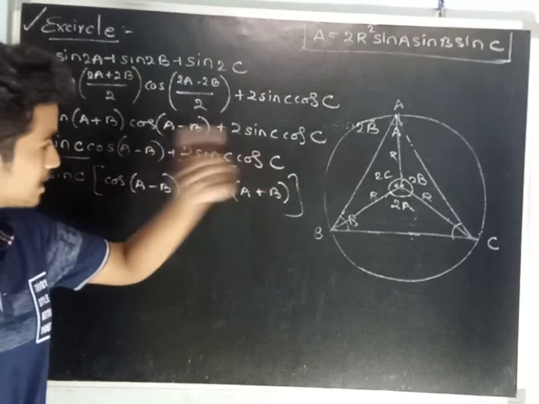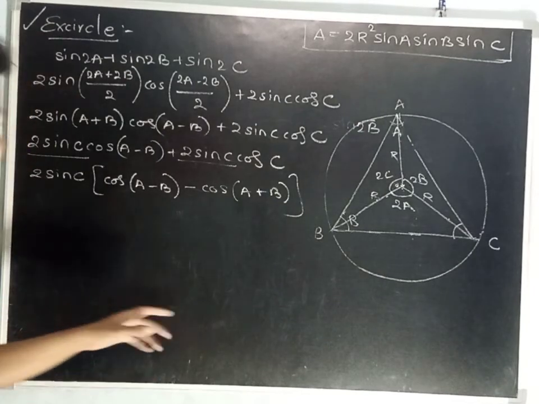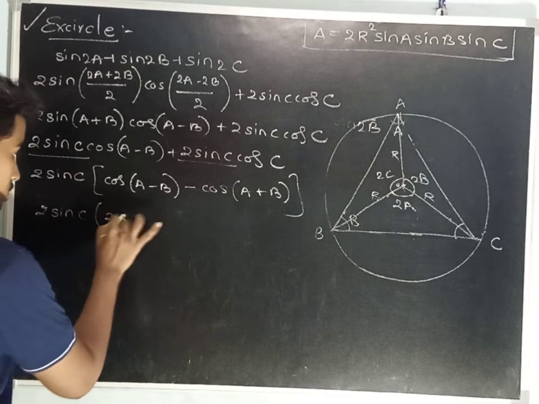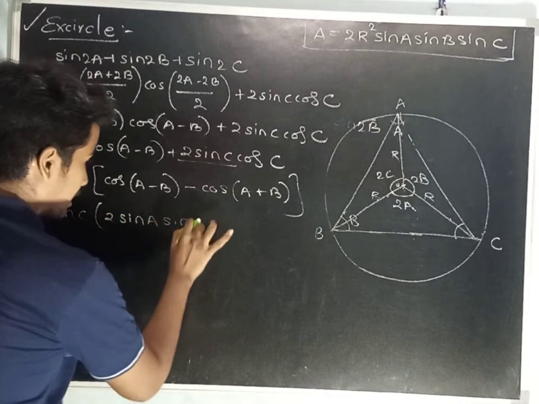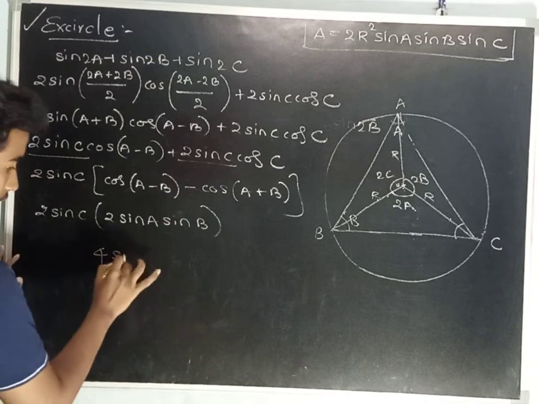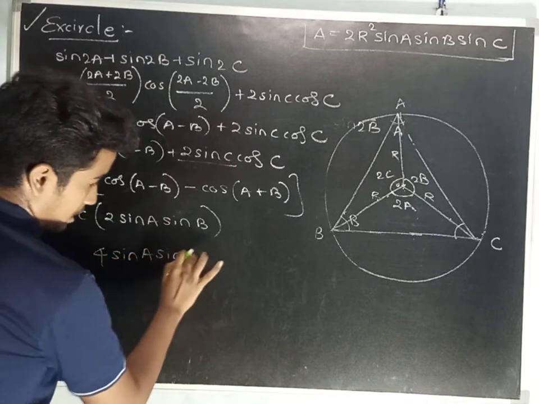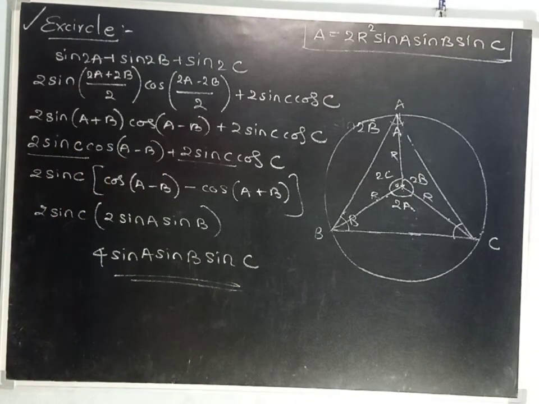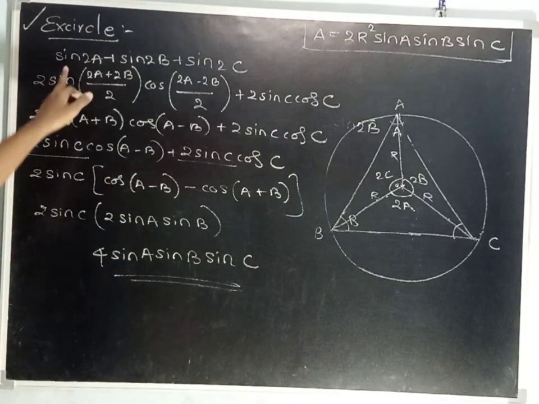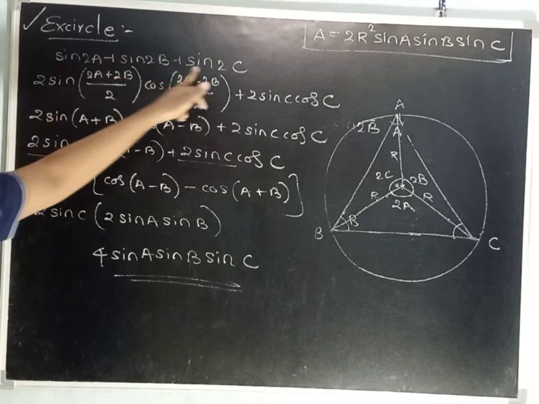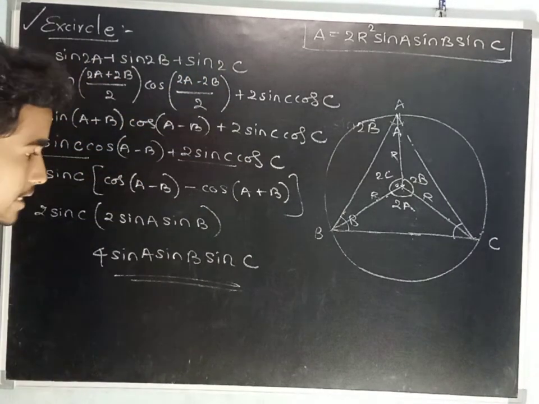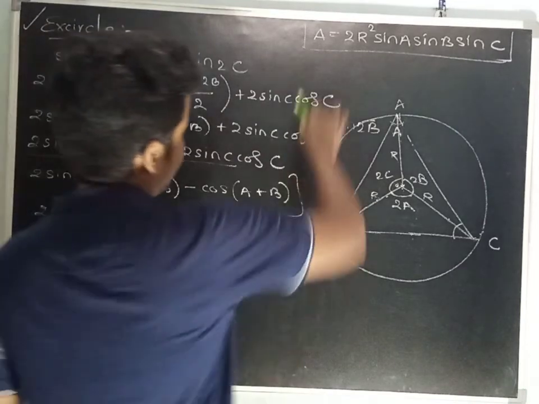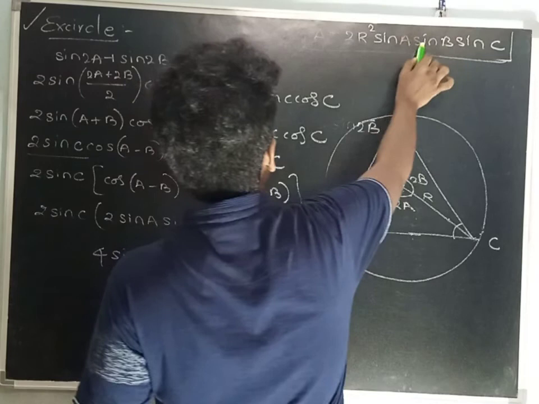So cos (A minus B) minus cos (A plus B) is going to be 2 sine C into 2 sine A sine B. It's nothing but 4 sine A sine B sine C. In this way, we can prove that sine 2A plus sine 2B plus sine 2C is going to be 4 sine A sine B sine C. And for area of triangle, we have got 2R square into sine A sine B sine C.